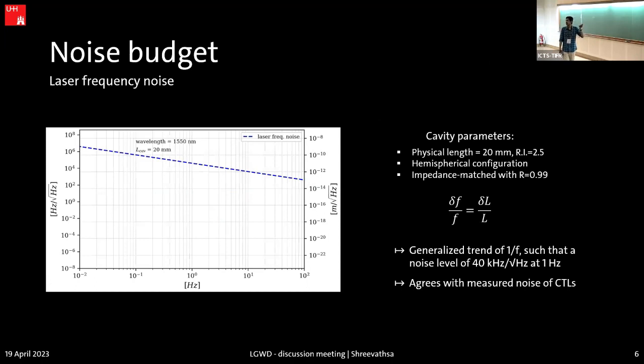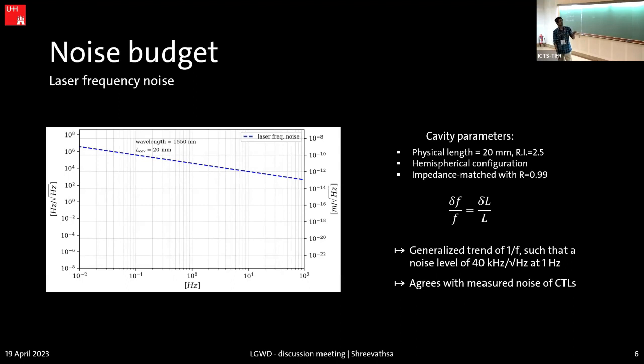So obviously, the first one, we all know that the laser frequency noise has this 1/f behavior, and from the frequency spectral density plot I convert it into length or displacement units by using some cavity parameters, where I took the cavity length as 5 centimeter, or physical length of 20 millimeter, with a refractive index for some specific reason in my lab.